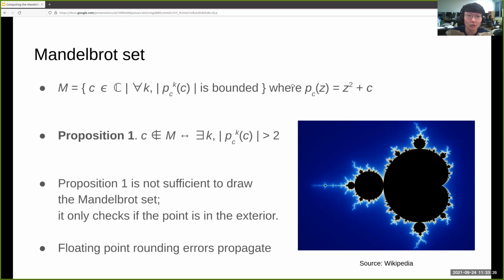And there is one well-known proposition that if the complex number c is not in the Mandelbrot set, then this is equivalent to there existing some natural number k such that the absolute value of p_c to the k of c is larger than 2.